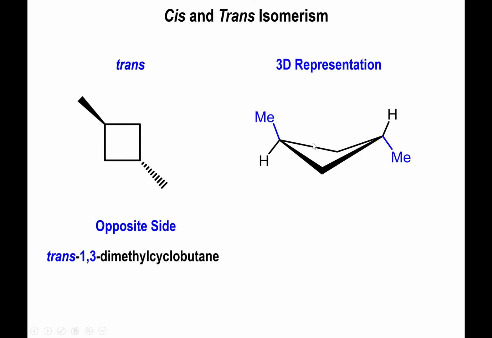Now for the trans configuration, what's interesting about the cyclobutane structures is that now you can somewhat create a structure that is not exactly linear. Now it kind of creates this envelope-like form, and regardless of that complexity, the one thing that remains true is that if this bond is bold, this R group, this alkyl group, has to remain above the hydrogen. And if it's dash, it has to remain below the hydrogen.